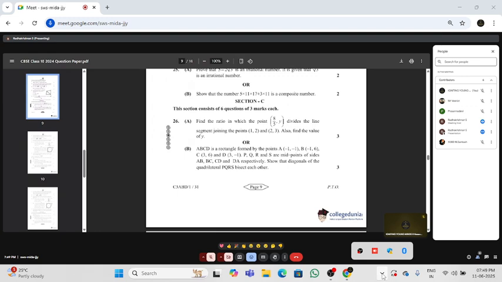Okay, so let me try to put it diagrammatically. Whenever you see problems in geometry, it will be very easy for you if you draw a corresponding diagram. Always make it a practice to draw a diagram. There are 2 points, (1, 2) and (2, 3). Let's plot them.